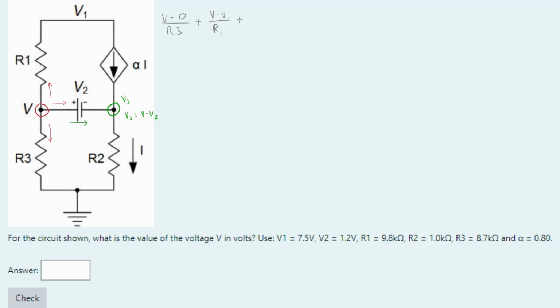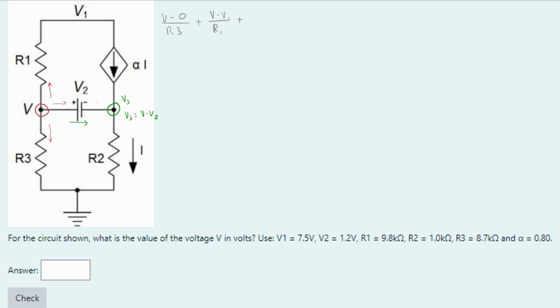Now, instead of having some unknown voltage, we can look at the currents here and here. And the reason why we can do that is because when we use the node voltage method, we're looking at, again, the currents flowing out of our node, like how we have here. So the current flowing out of here is going to have something to do with this and this. We have current flowing this way.